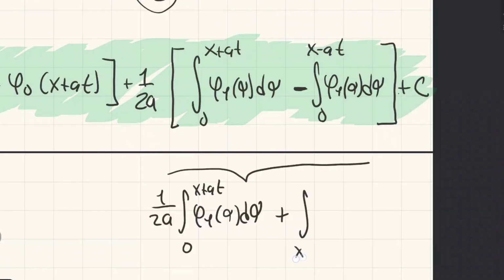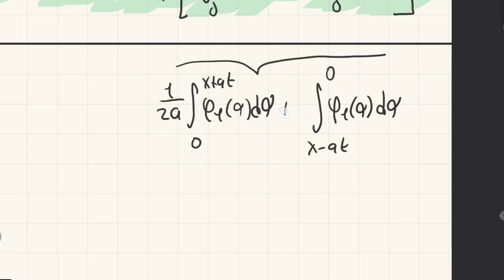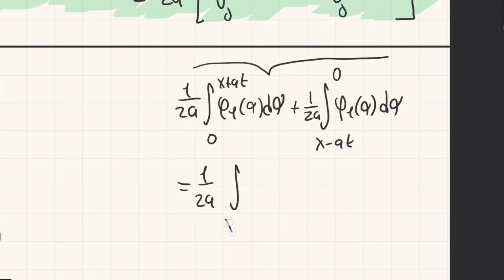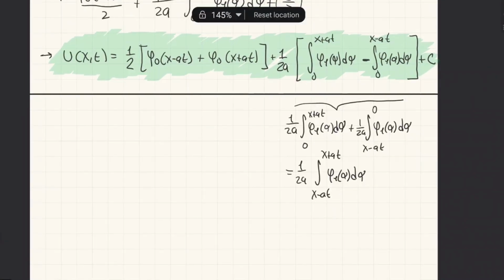So this will be the integral from x minus at to 0 of phi 1 of alpha d alpha, right? Yeah, this factor over here. And then we can see this as 1 divided by 2a times the integral from x minus at to x plus at of phi 1 of alpha d alpha, which I think is a more elegant way to present the D'Alembert's formula, right?